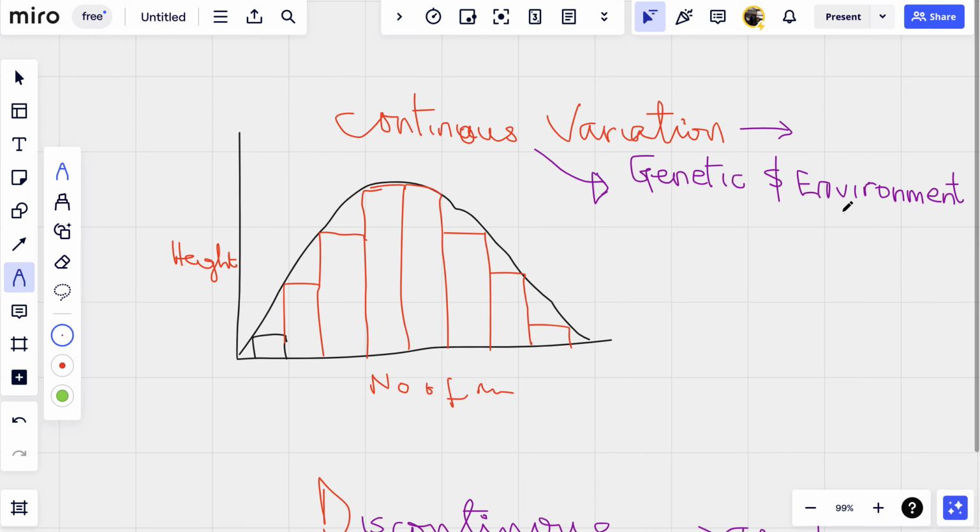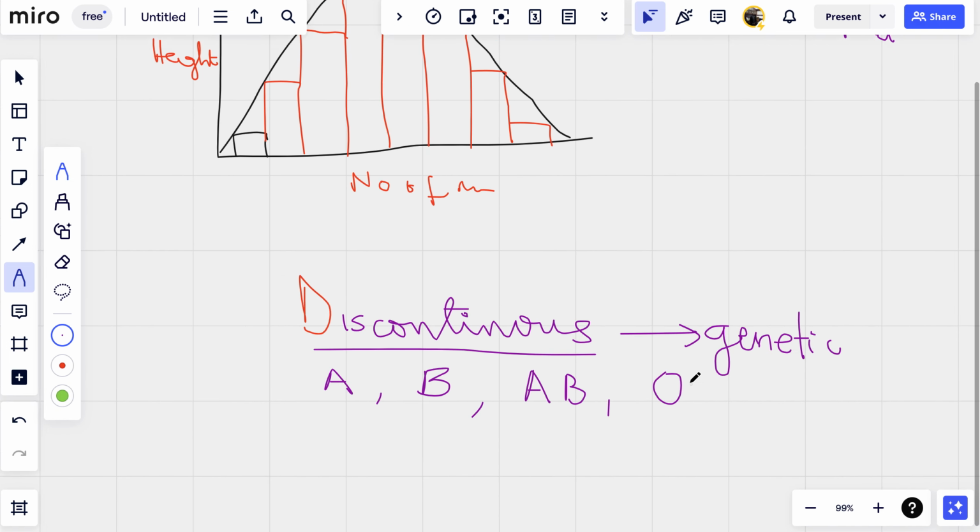The environment matters, the food they eat, whether they have poor meals or good meals. If you're eating good meals and you already have the gene for tallness, then the child will be very tall. Continuous variations such as height, weight, and length of fingers are affected by both the genetic and environmental factors.